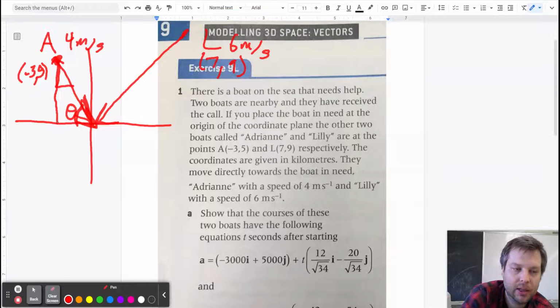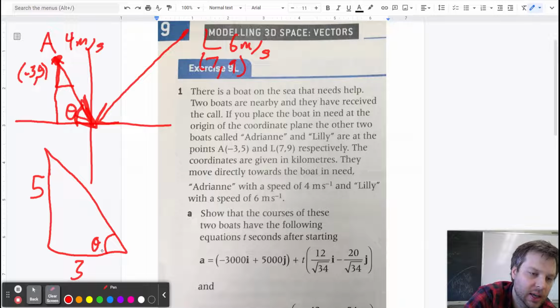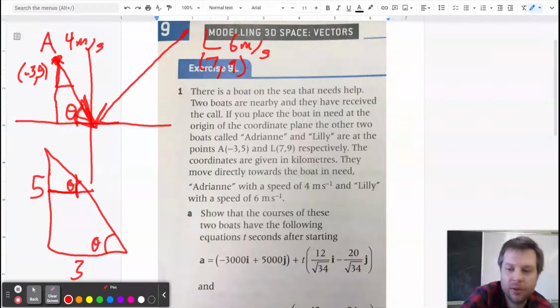The larger right triangle, I'll draw it here separately, has a y coordinate of 5, an x coordinate of 3, and here's theta. The little baby right triangle also has an angle of theta, but we don't know its x and y coordinates. That's actually what we're trying to do: write an equation that represents what the x and y coordinates are at any time.